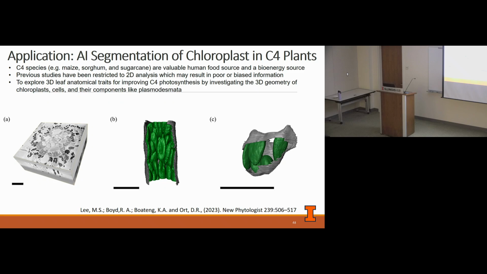The C4 species are very important for human food and also as a good source of energy. So we are looking at maize, sorghum, sugarcane and crops like that. The size of the chloroplasts and other substructures are important for the efficiency of photosynthesis.